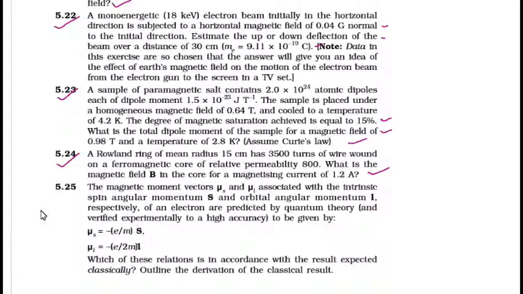So the next question is 5.25. The magnetic moment vectors mu s and mu l associated with the intrinsic spin angular momentum s and orbital angular momentum l respectively of an electron are predicted by quantum theory to be given by mu s is equal to minus e by m s, and mu l is equal to minus e by 2m l.